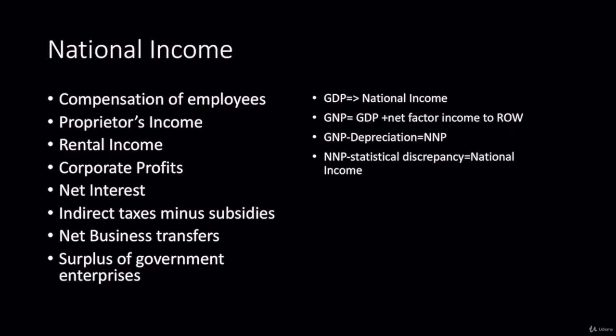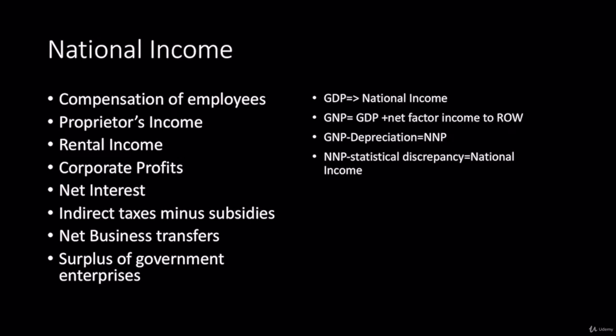A transfer, by definition, is I give you money not in exchange for something. A transaction is I give you money and you give me something in return. A transfer is I give you money and I didn't get anything in return. And finally, the surplus of government enterprises. So think of a government-owned casino that makes money. Well, that money goes towards the category surplus of government enterprises.